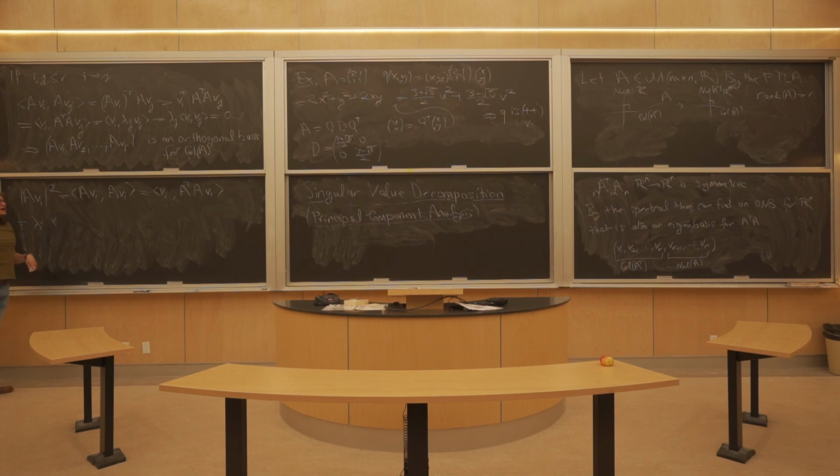So I would have vi against vi. Vi against vi is vi norm squared. But I started with an orthonormal basis, so this is 1. Okay? Which means that the norm of A vi is the square root of this.